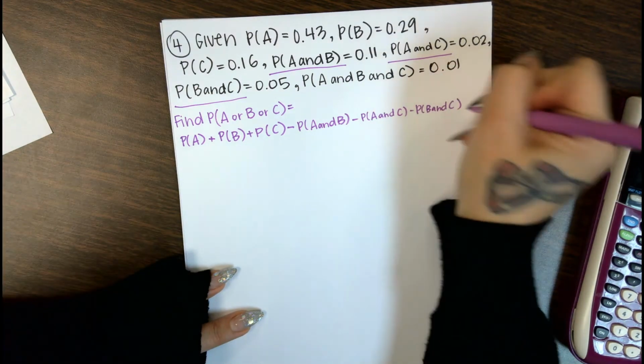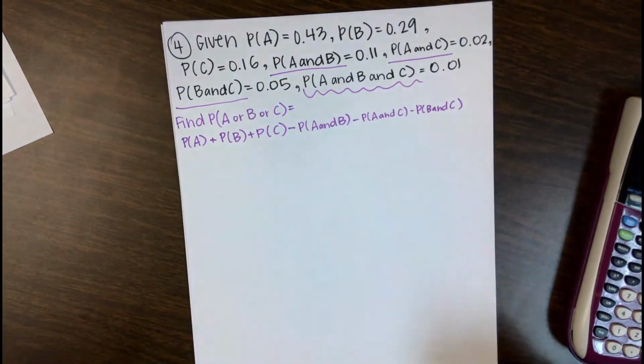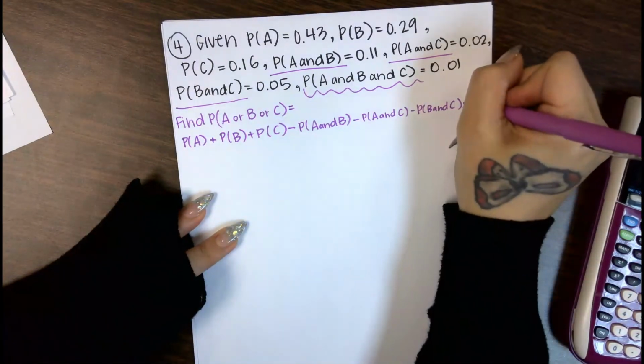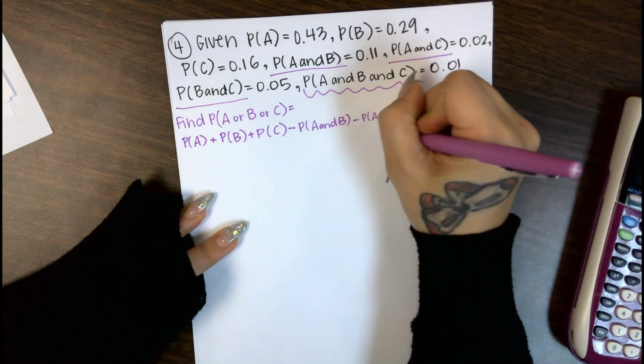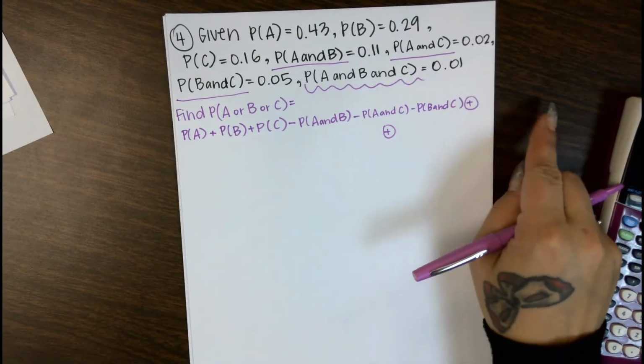Now we need to do this last one right here, that one gets added to it. So I'm going to circle that plus sign to show you that it should be written here, but I ran out of paper.